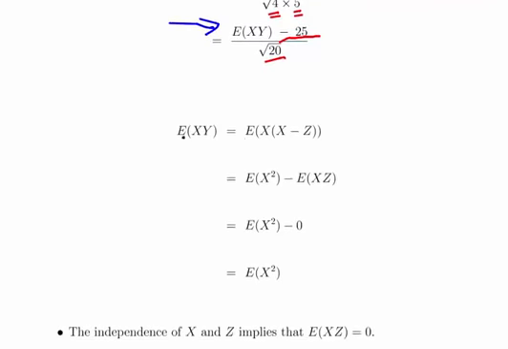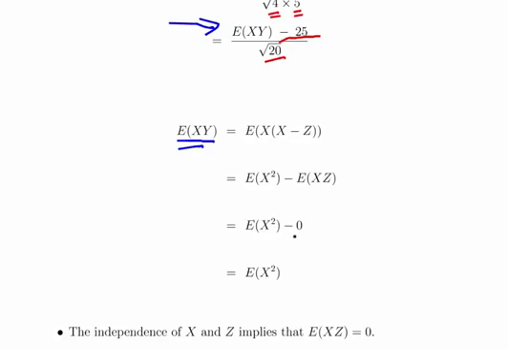So what we're going to do here is use this identity here. The expected value of x times y is the expected value of x times x minus z. And that is equal to the expected value of x squared minus the expected value of x times z.